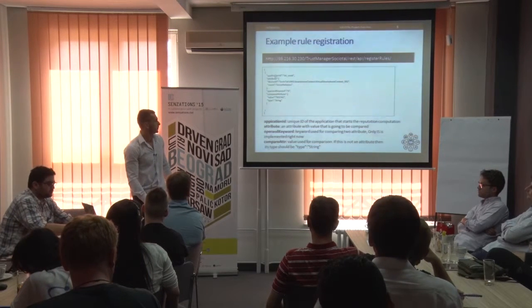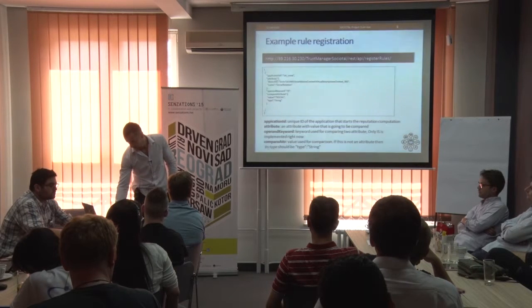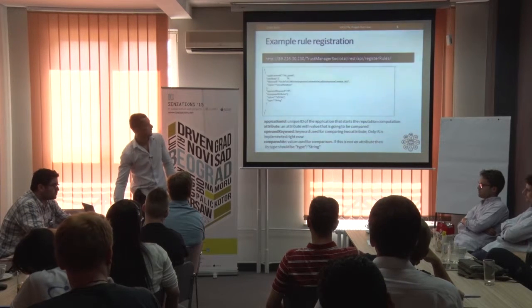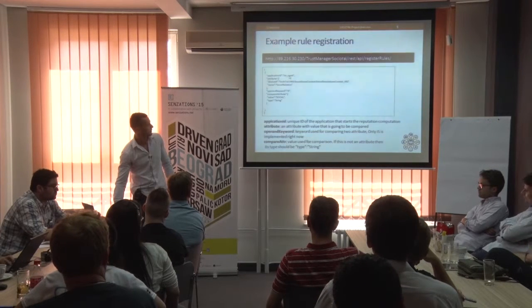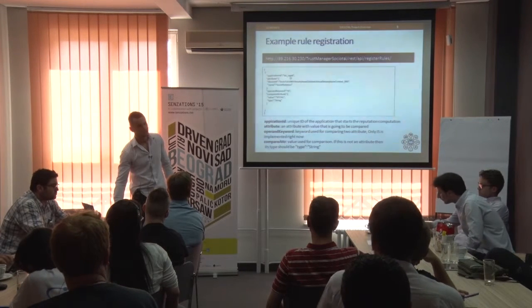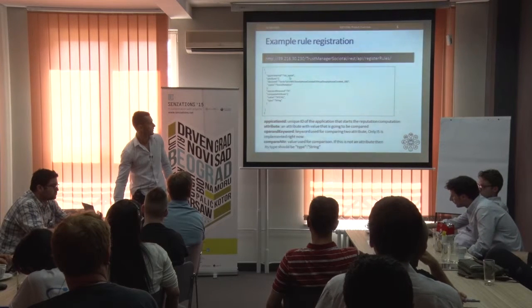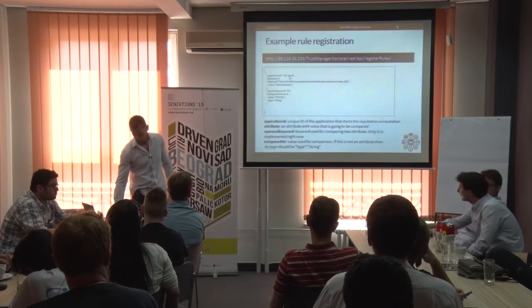What is important to see here is that you will need to use the application ID when you register rules. You refer later to this ID when you need to extract the value of the reputation from the context manager.